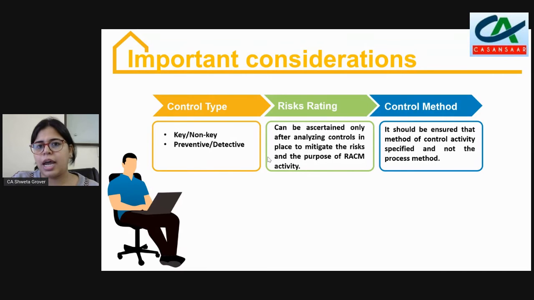Now suppose that purchase activity is run by the procurement policy or the procurement manual, and there are conditions in that manual that purchases have to be routed through the procurement department, and they should be supported by a proper PO.